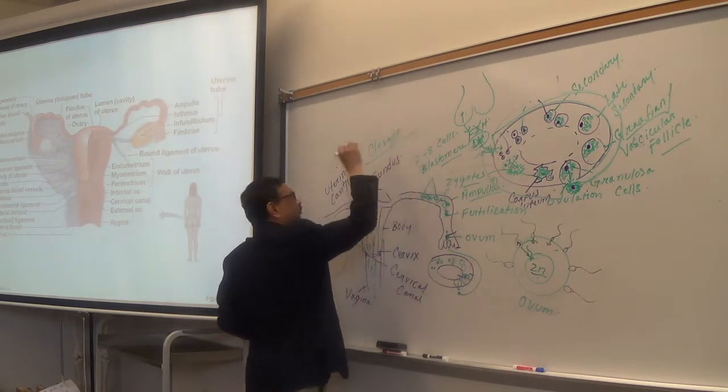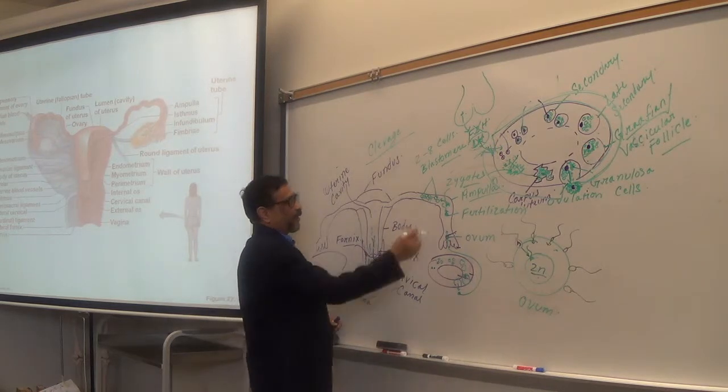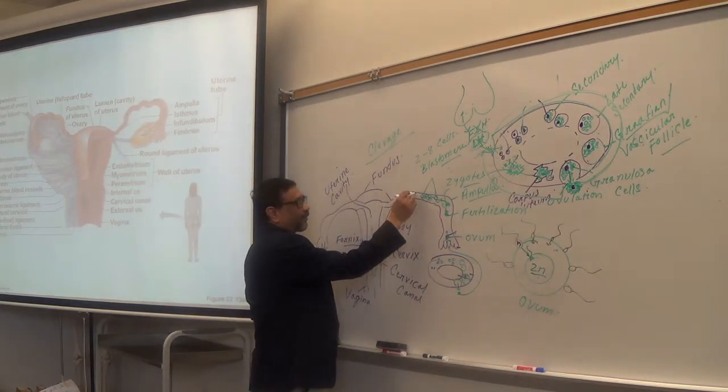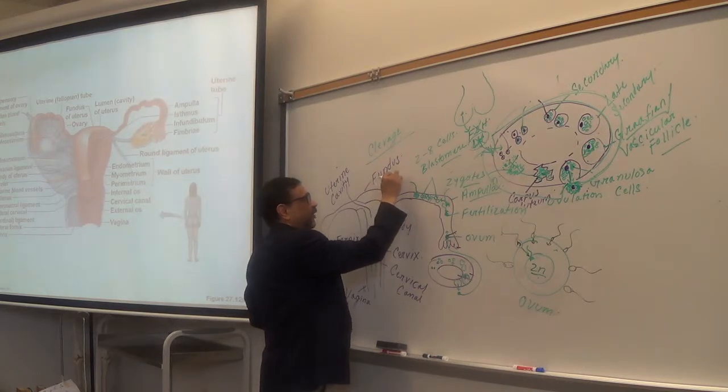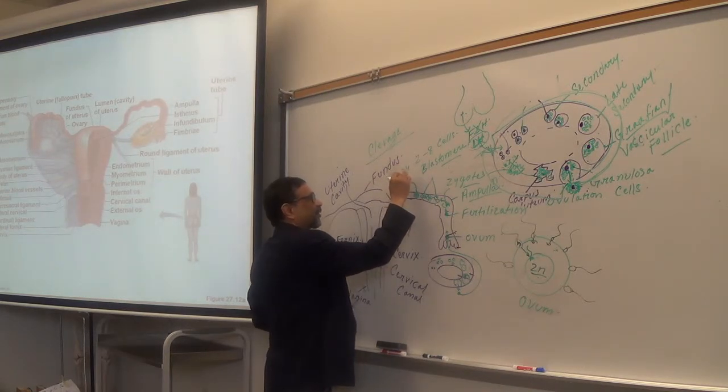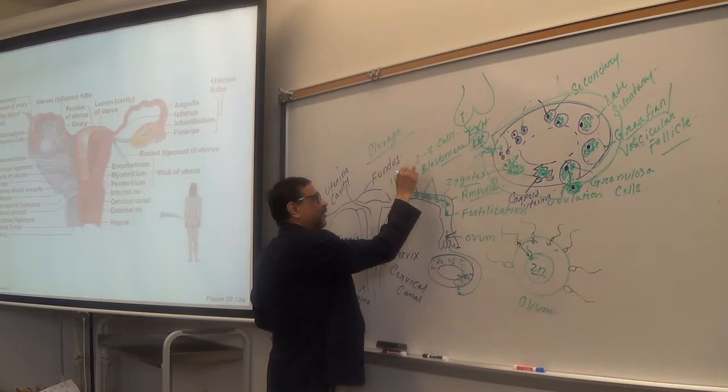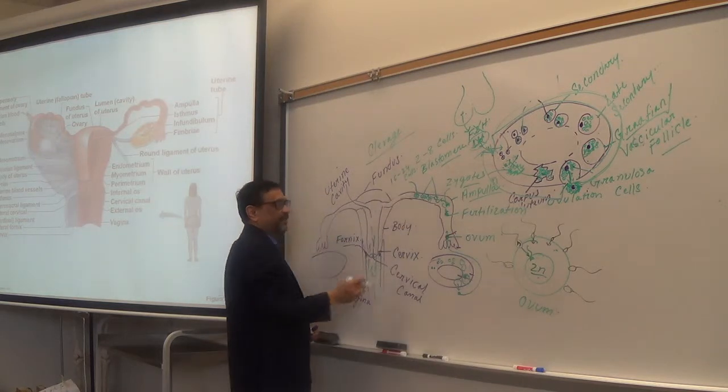Okay. Then the cell division will continue, mitosis will continue, and 16 to 24 cells stays.